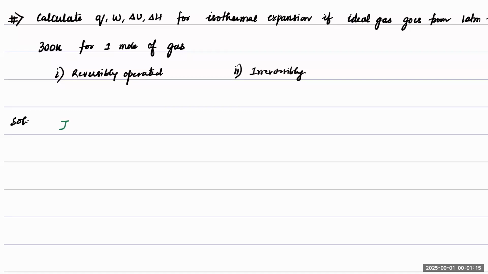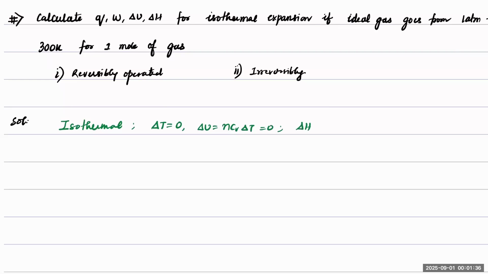So since it is an isothermal process, delta T will be equal to 0. And you know that delta U for an ideal gas is nCv delta T, which will also be 0.